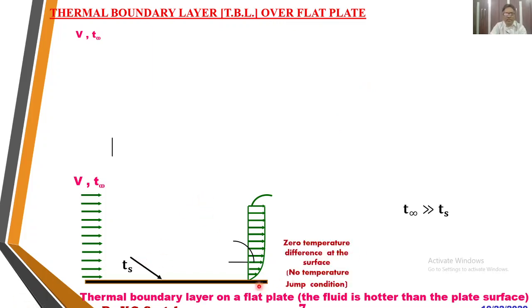Now at the surface, zero temperature difference will occur, and that is called the no temperature jump condition. What does it mean?